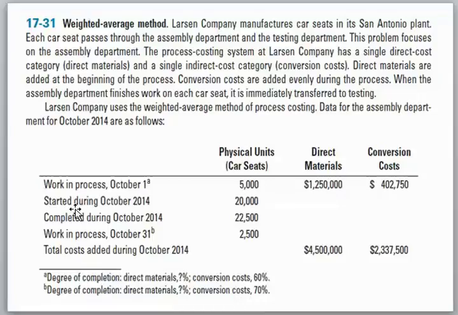He gave me the beginning work in process, the started units, the completed units, the ending work in process, and total costs added during October. Physical units, direct materials and conversion costs for the beginning work in process.